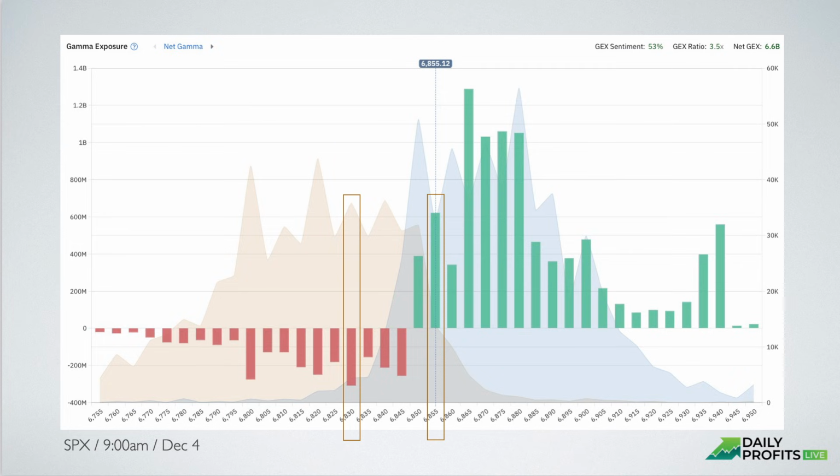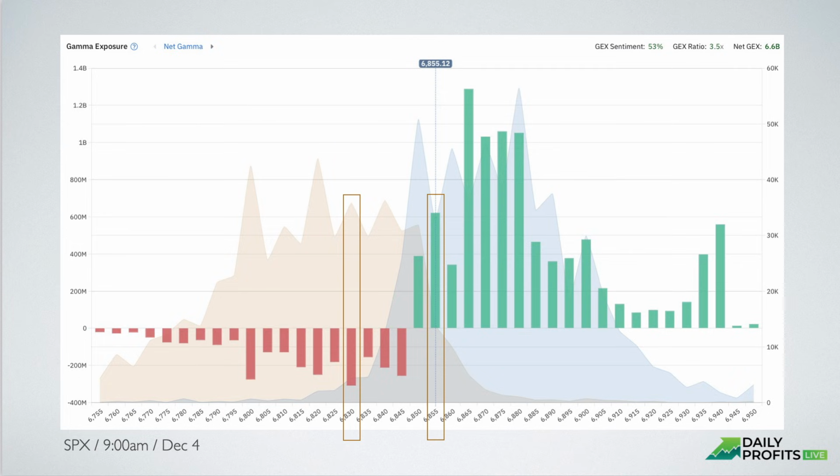And you can see we're right up against this level I've squared here. So these red squares are ones I've drawn just to point out these two levels, okay? Those are not normally on the chart. We're right at this upper level here at 68.55. And the large lower put level is at 68.30, okay?